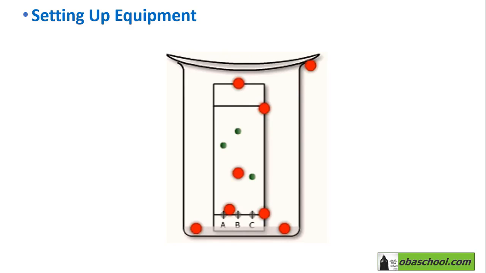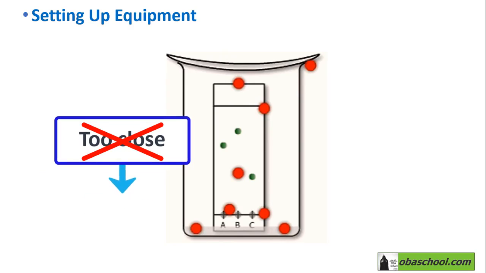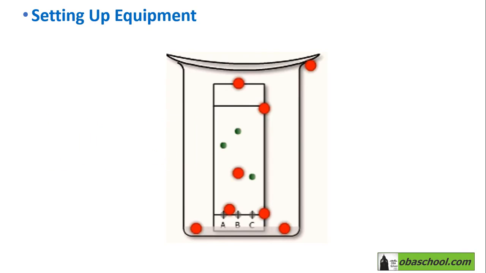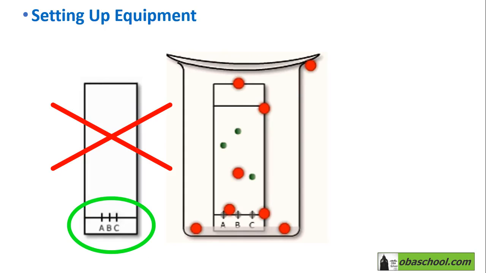Another thing to pay attention to is the spots themselves. If the spots are too close, they will start to merge as the spots diffuse and grow as they travel up the plate. That's why we shouldn't put the spots close to each other like they did in the first run. We should leave short distances between them as you can see here.